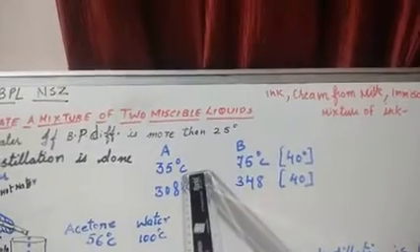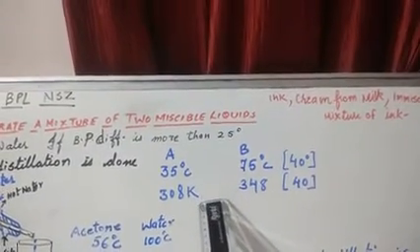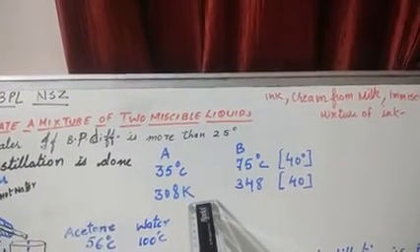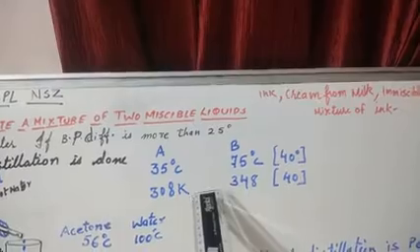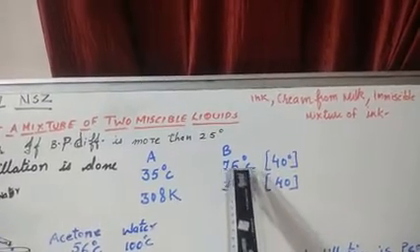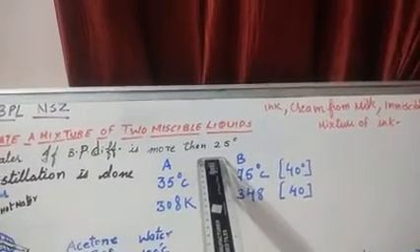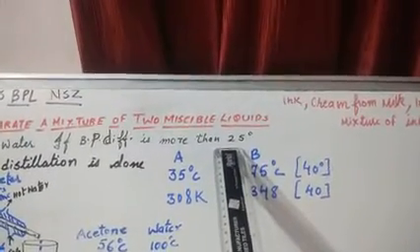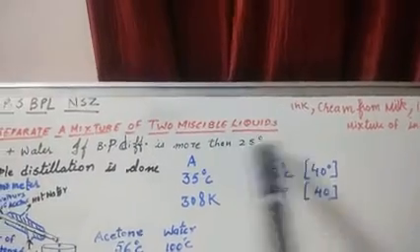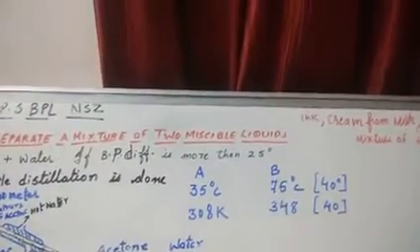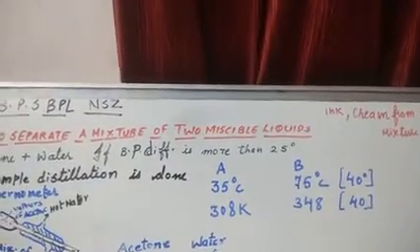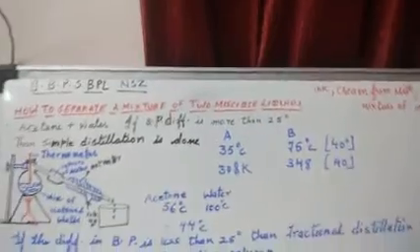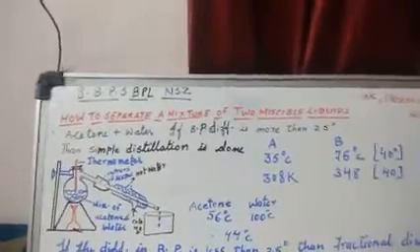So either you are taking in Celsius or in Kelvin, no problem. I am just saying the boiling temperature difference should be more than 25 degrees. So if more than 25 degrees boiling point difference is there, in that case we perform simple distillation.